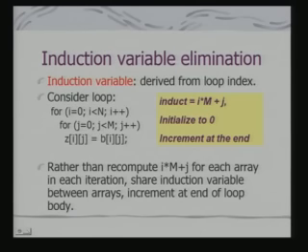So, you identify an induction variable, initialize it to 0 and increment at the end. Then I need not do this computation for each assignment at every step. So, rather than recompute i into m plus j for each array in each iteration, share the induction variable between arrays and increment at the end of the loop.